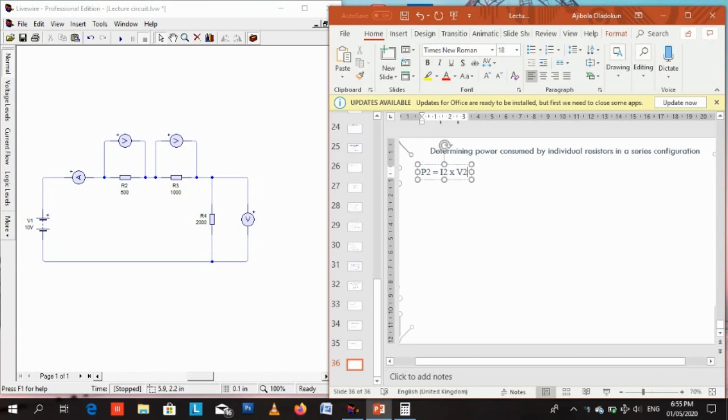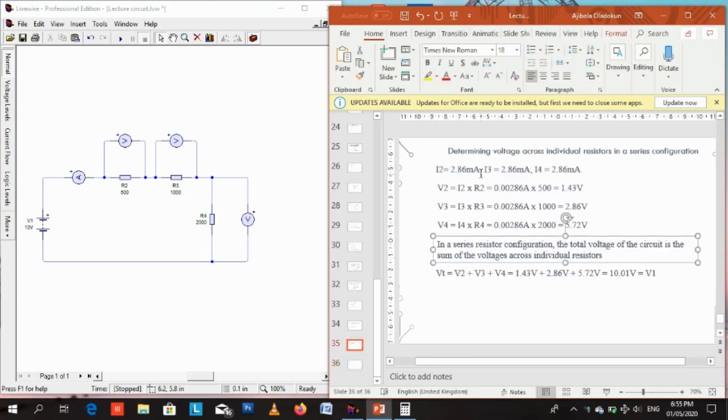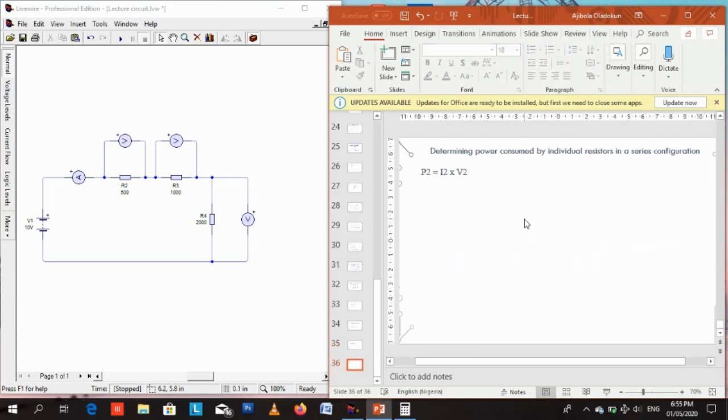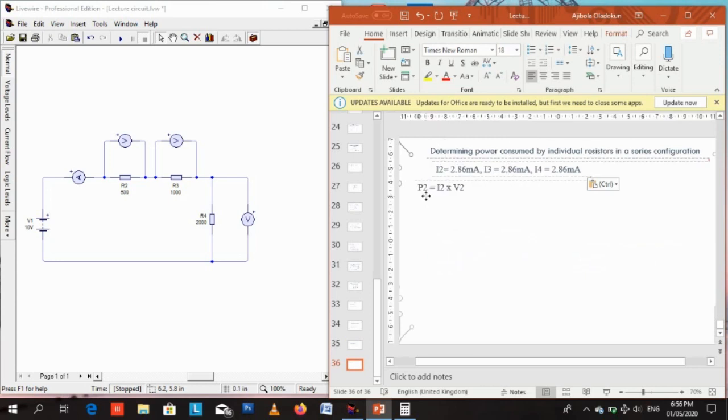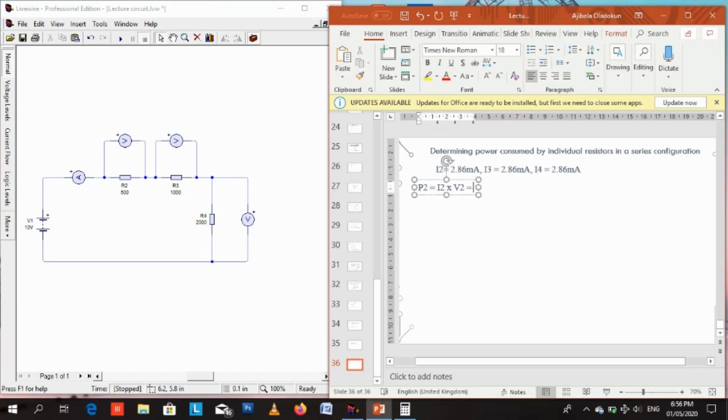Now the power across resistor R2 is P2 equals I2 multiplied by V2. We've just copied and pasted the values of our I2, I3 and I4 from previous calculations. So you can see here that I2 is 0.00286 amperes, multiplied by V2.